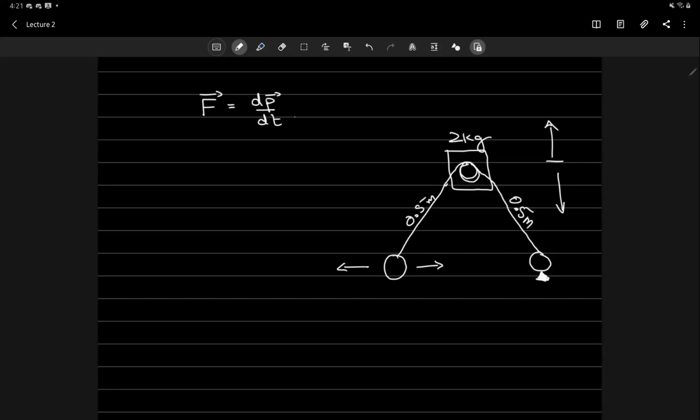And at a certain moment when the machine is standing still, the distance from the weight to the floor, let's say this distance is 0.4 meters. Now you can easily use the Pythagorean theorem, and you could calculate this distance. And so this part would be 0.3 meters, and this would also be 0.3 meters.